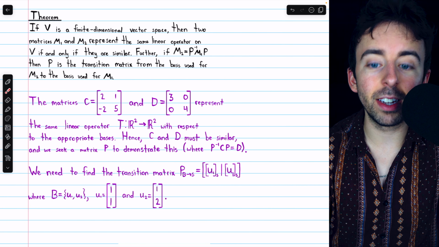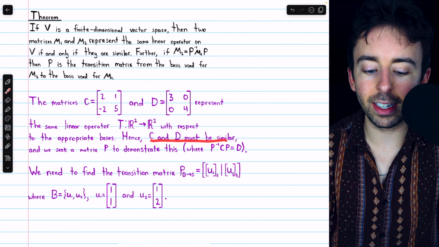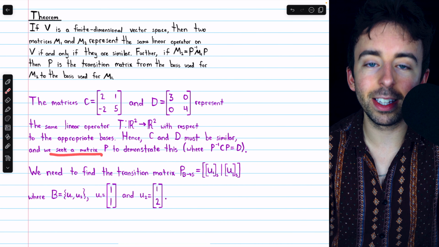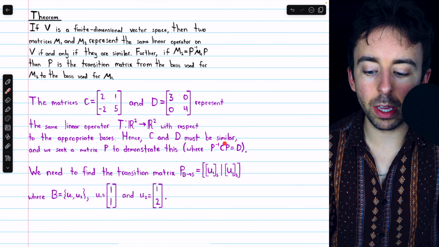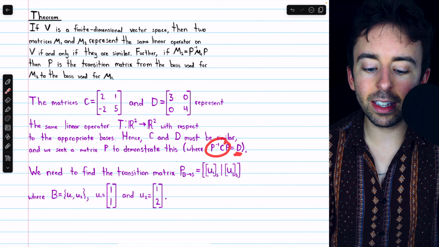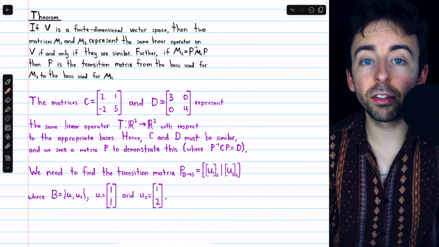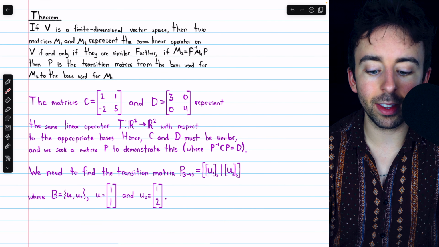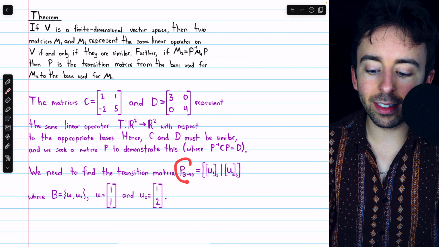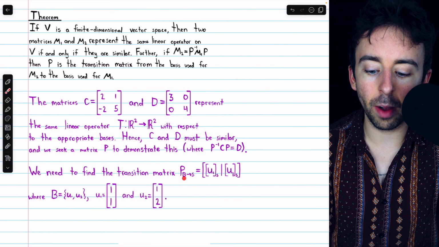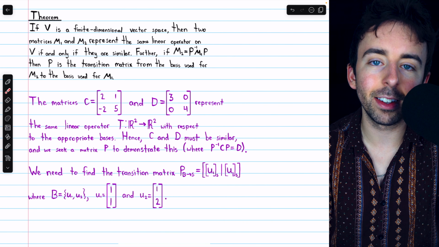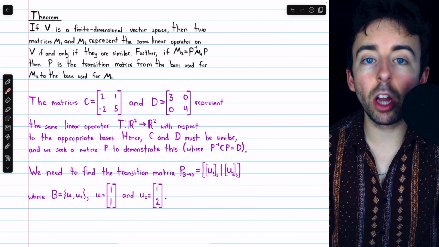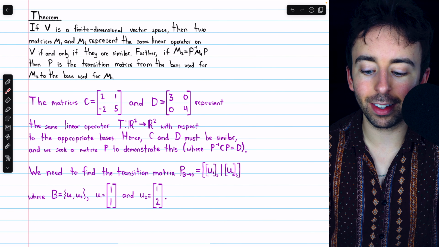And so, by the preceding theorem, these matrices C and D must be similar, and we may seek a matrix P that demonstrates this, so that P inverse C P is equal to D. Also, from the preceding theorem, we know that the matrix P that will demonstrate this similarity is the transition matrix that takes us from what was really our new basis, B, to the standard basis, S. And we know how to construct a transition matrix like this.